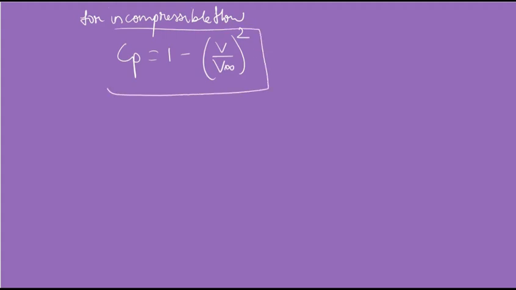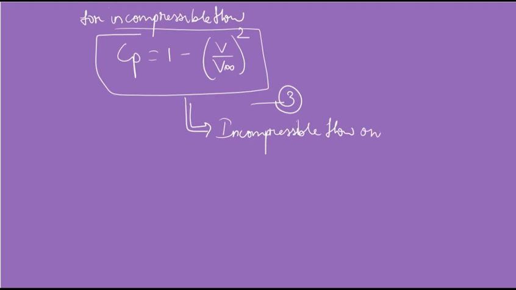So for incompressible flow, when I solve it mathematically, I get Cp as 1 minus (V by V infinity) whole square. Let us say this is our equation 3. As we said that the flow is incompressible, it holds for incompressible flow only. So this is to be kept in mind.